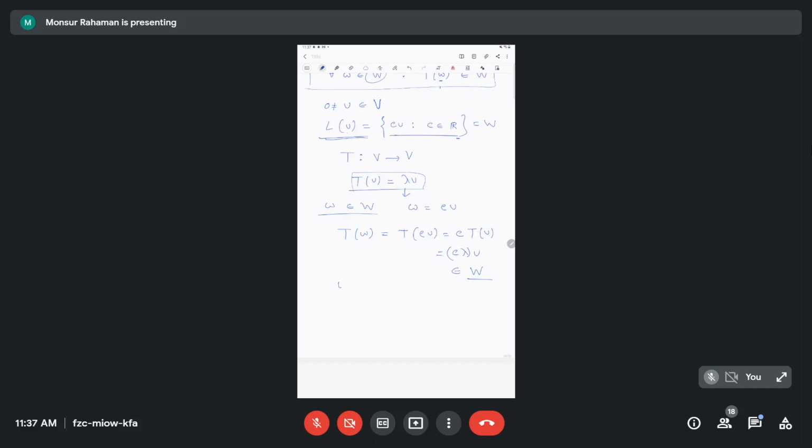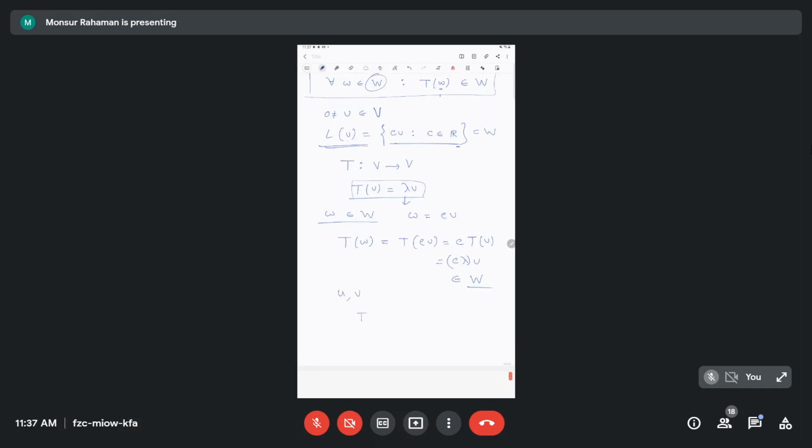Okay, u and v, these are two independent eigenvectors. So Tu equals lambda 1 u and Tv equals lambda 2 v. This lambda 1 and lambda 2 may be equal or not equal, it does not matter.